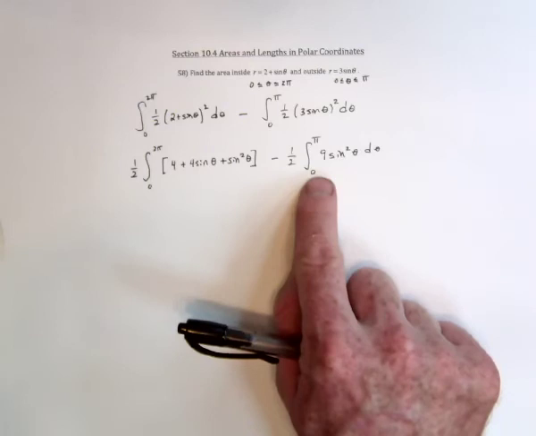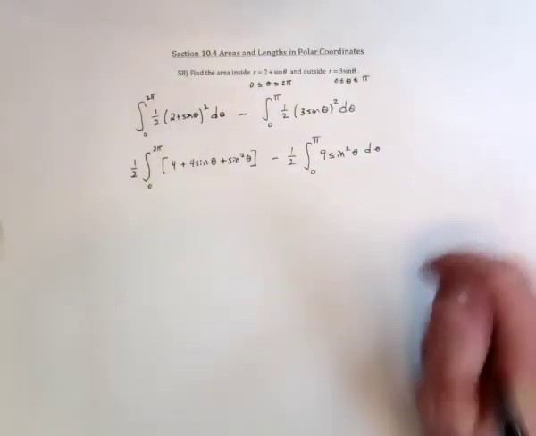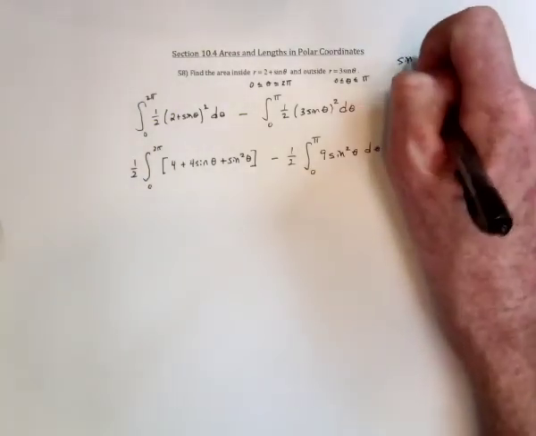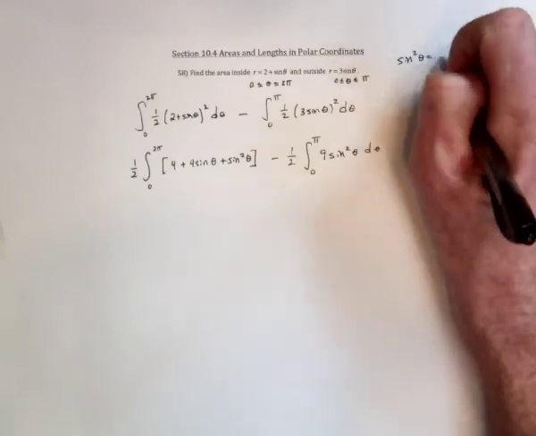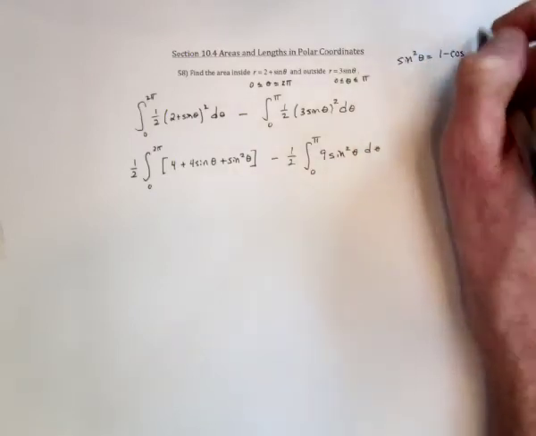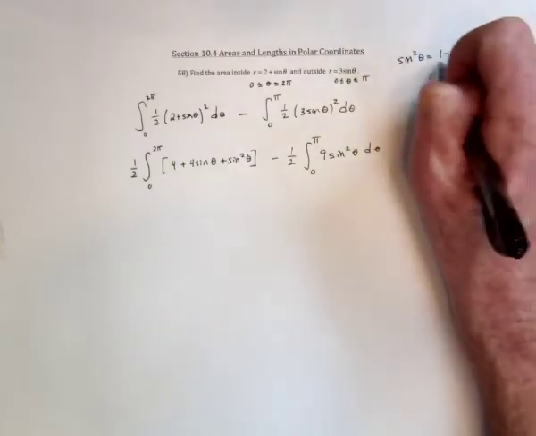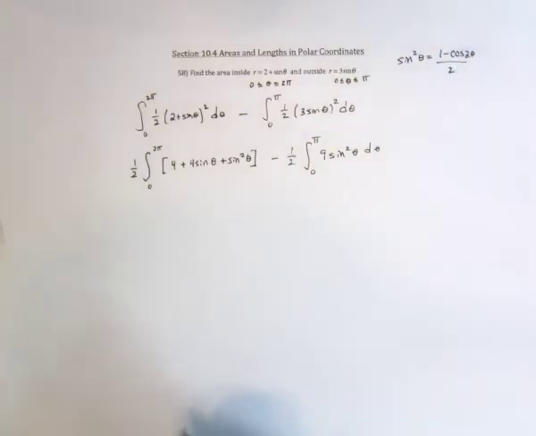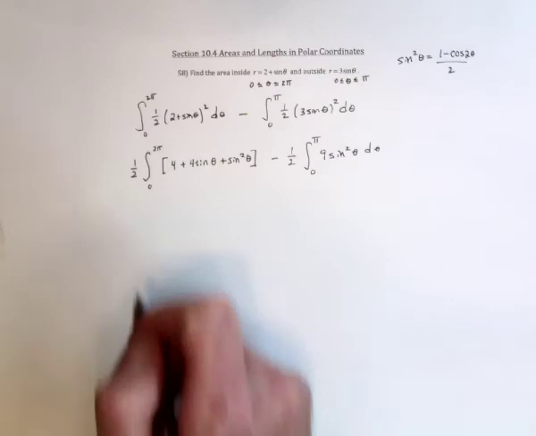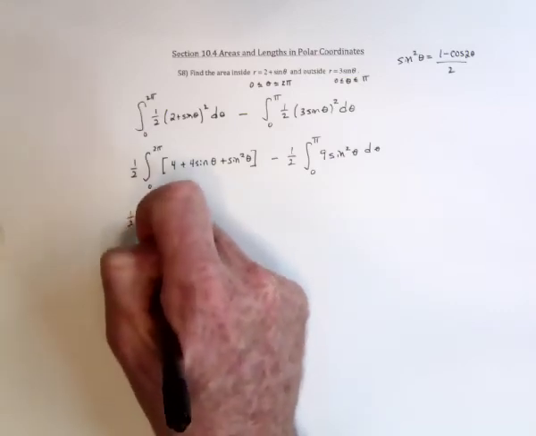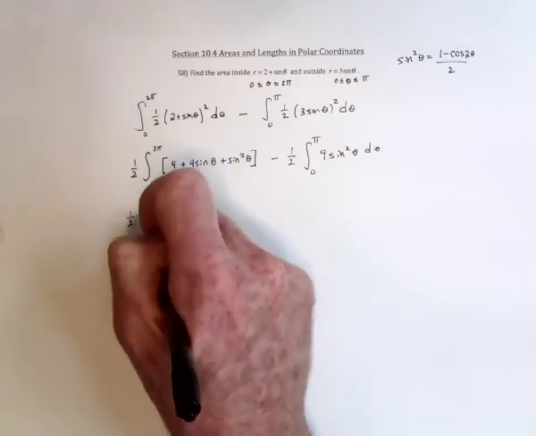And here's where we need to use the formula sine squared equals 1 minus cosine of 2 theta, divided by 2, to replace the sine squared. I'll do that right now, and I'll do the integrating afterwards.